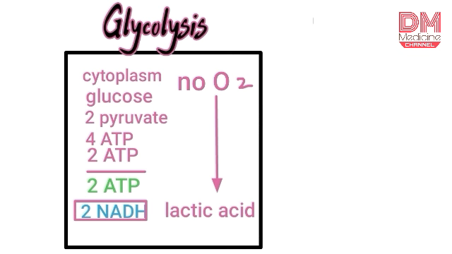So in short, glycolysis occurs in the cytoplasm of the cell, your starting substrate is glucose, and your end product is going to be 2 pyruvate molecules. You gross 4 ATP, but you use 2 of the 4 ATP in this process, so in net you only have 2 ATP. You also generated 2 NADHs, and most of the time there is very little oxygen. If there is very little oxygen, then the pyruvate will get converted into lactic acid.